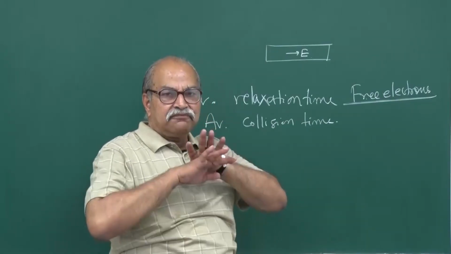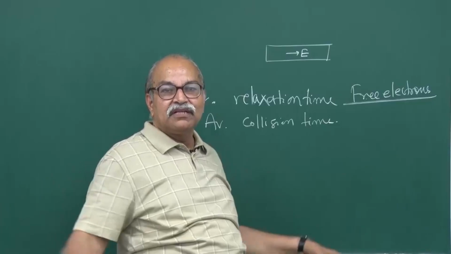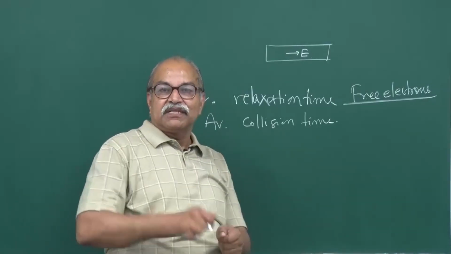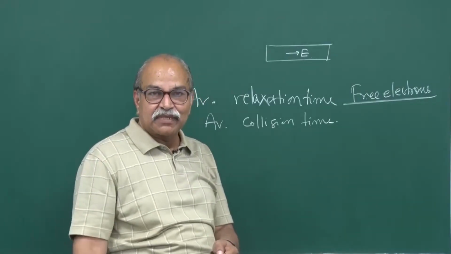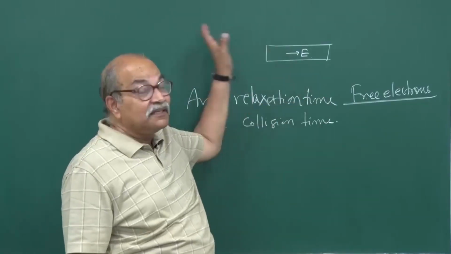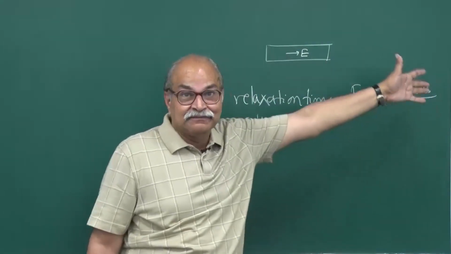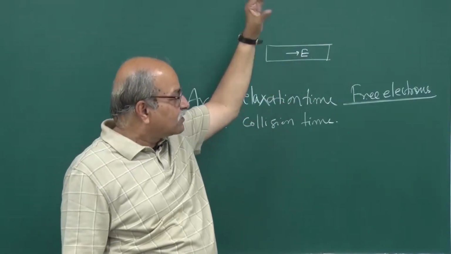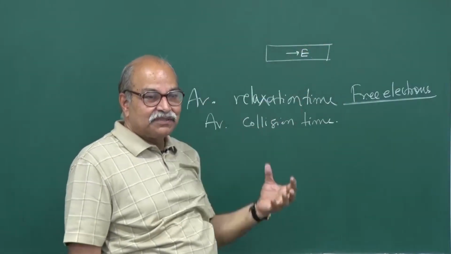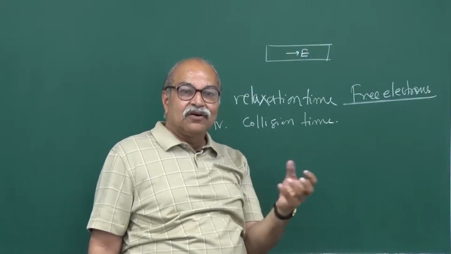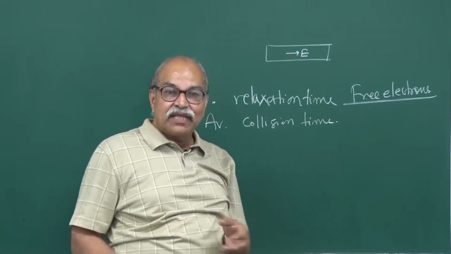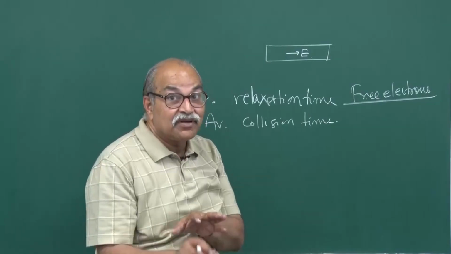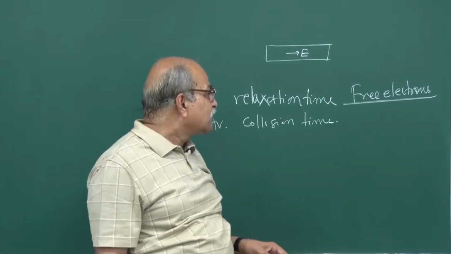If it is a perfect periodic potential, no impurities, repetition is 100%, then it may go like a wave without any hindrance. But there are problems. First thing is temperature: all these ions are vibrating, so that kills that periodicity to some extent.